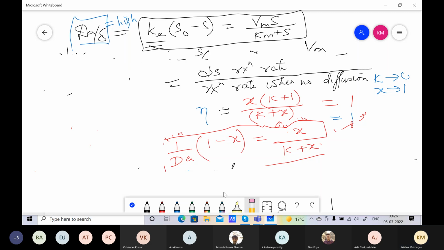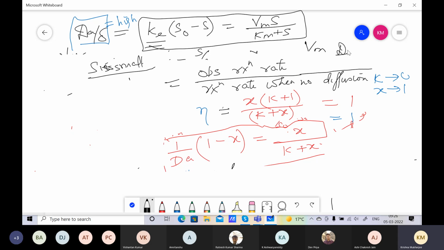Okay? So now, what happens when dA is large? Or let us say, when S is very small, because you have diffusion limitation, so D is actually small. Sorry, what is dA?